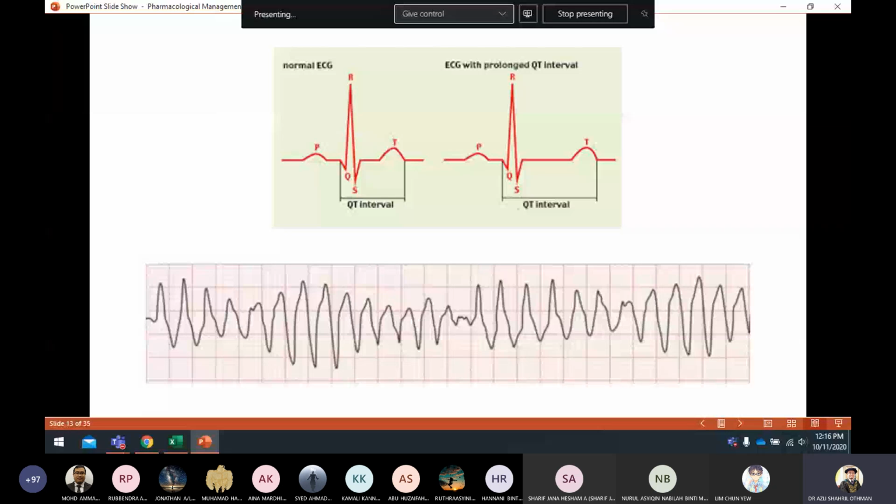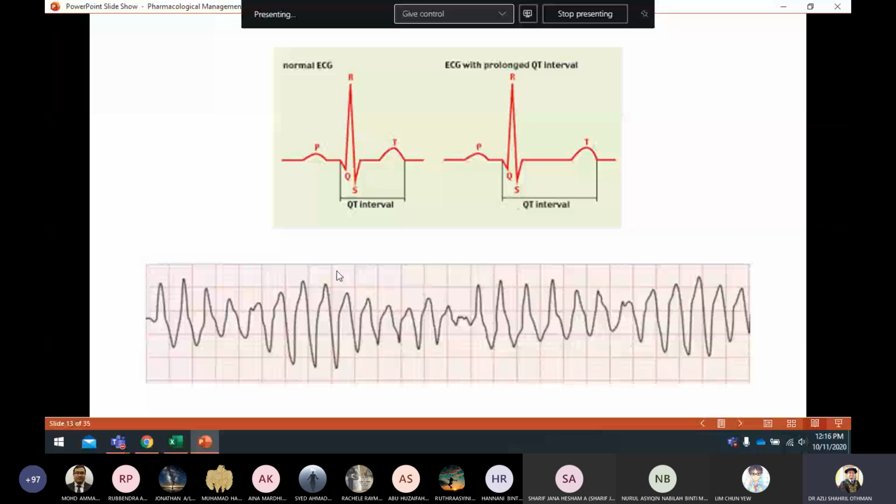What is the problem? The problem of QT prolongation. So in patients receiving erythromycin, you may see in the ECG when the patient is being followed up, you may have instances of QT prolongation.